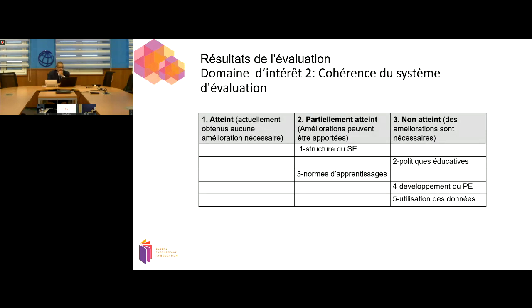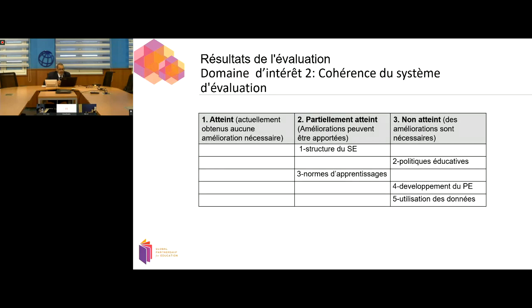this slide is the coherence of the assessment system. It's the assessment of the objective compared to the coherence goals. We still realize that absolutely no objective has been achieved.